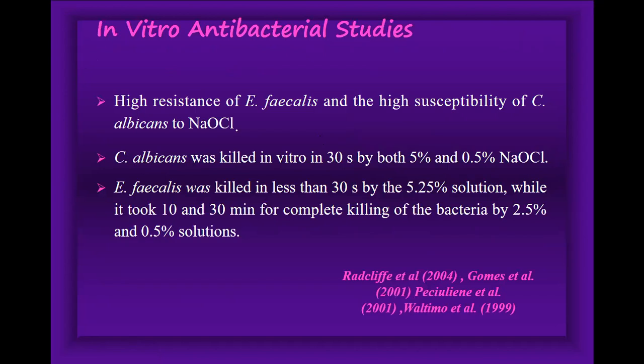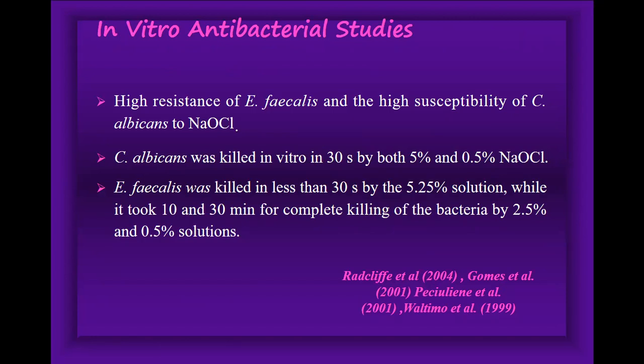High resistance of E. faecalis and high susceptibility of Candida albicans to sodium hypochlorite was seen. C. albicans was killed in vitro in 30 seconds by both 5% and 0.5% sodium hypochlorite. E. faecalis was killed in less than 30 seconds by 5.25% solution, while it took 10 and 30 minutes for complete killing of the bacteria by 2.5% and 0.5% solutions.